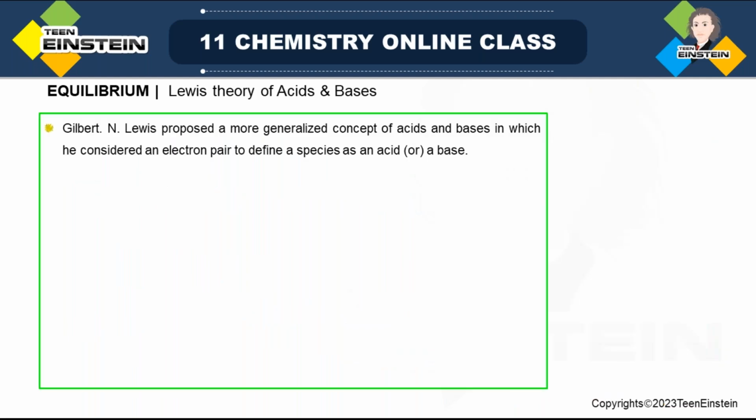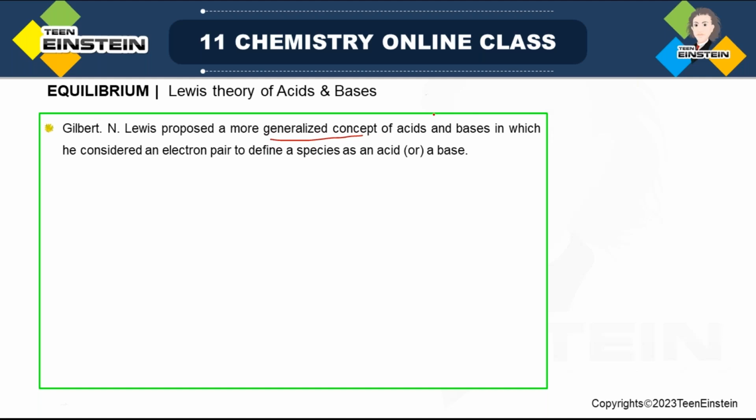Now we have the last theory, which is the Lewis theory of acids and bases. Lewis proposed a more generalized concept. As you have seen, when we moved from Arrhenius to Bronsted, it became comparatively more generalized, and when moving from Bronsted to Lewis, it again becomes more generalized.